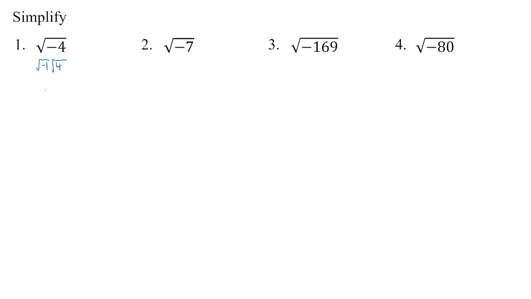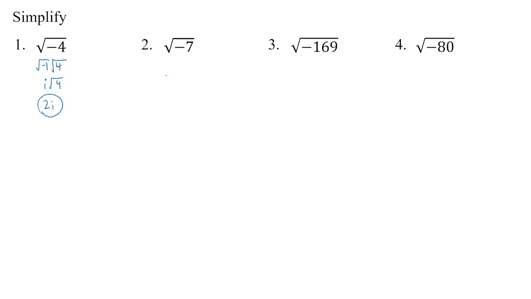The square root of -1 is i. So now you see where the i comes from. So in the other three examples, I'm going to skip this stuff and just turn the negative inside into an i on the outside. Now the square root of 4 is 2. So the solution is 2i.